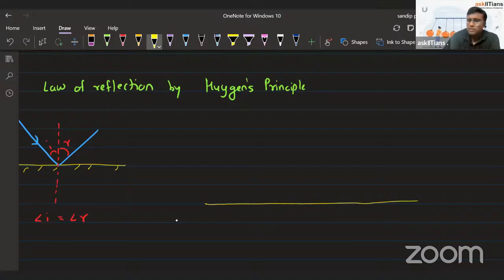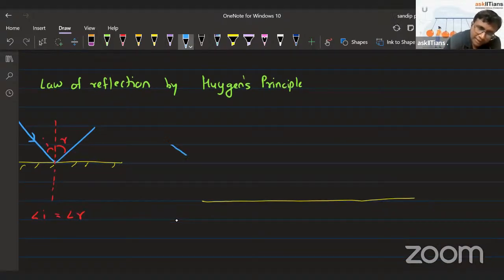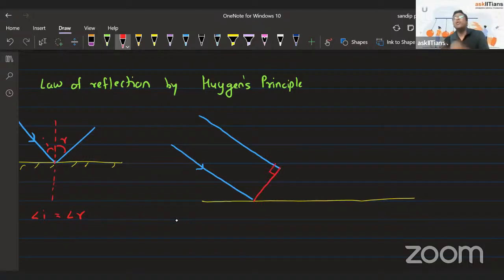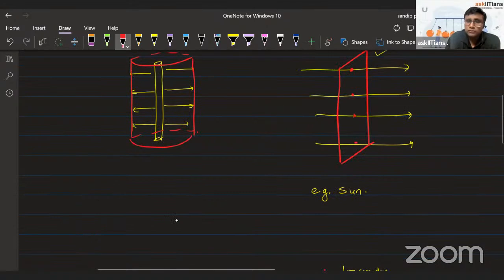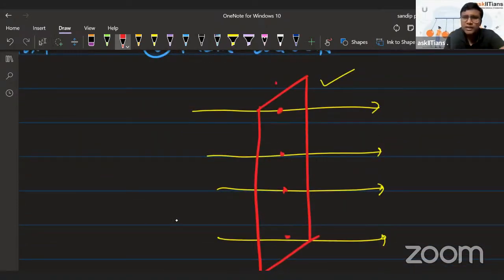Very important derivation, right? So suppose there is one light beam like this and another parallel light beam, which is going like this. Now, if I draw the perpendicular to these, I can call it a wavefront, right? That is our wavefront. We already have seen if the light beams are parallel, we'll get the perpendicular. This plane is perpendicular everywhere, right?